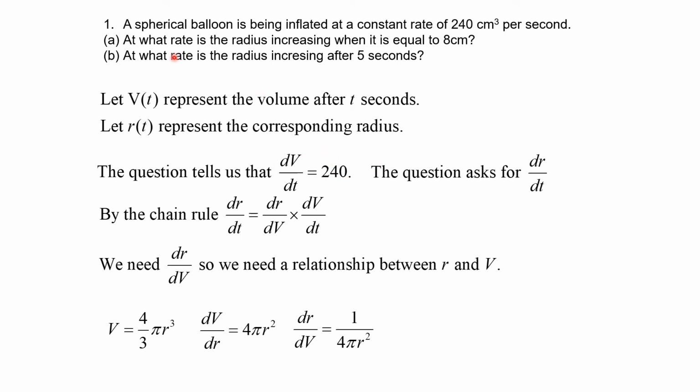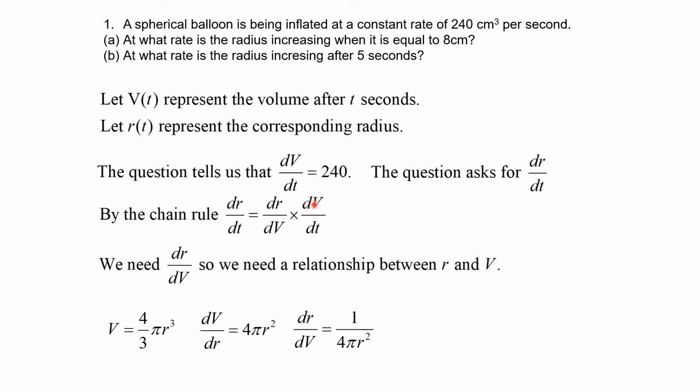The question for part A required dr/dt, so we have to come up with the chain rule. Whatever you're looking for, most of the time you write it as the subject of the equation, which is dr/dt. So it has to be dr/dV, because you can get V in terms of r, differentiate to get dV/dr, and 1 divided by dV/dr gives dr/dV.